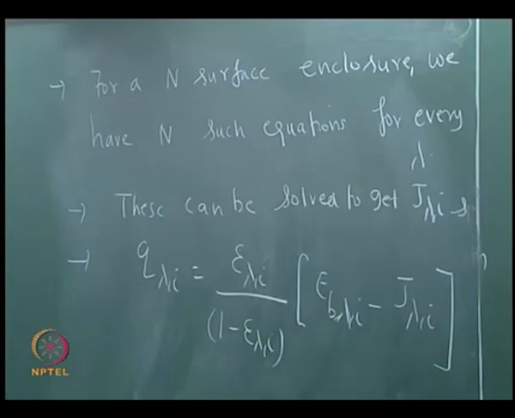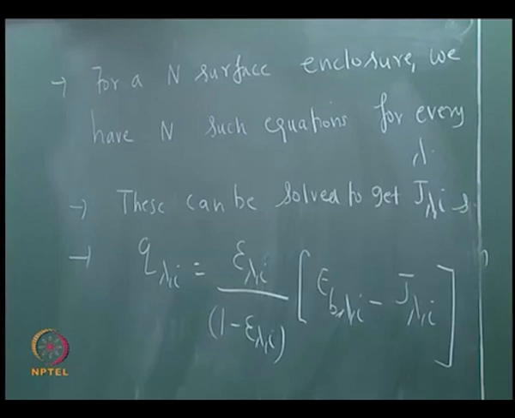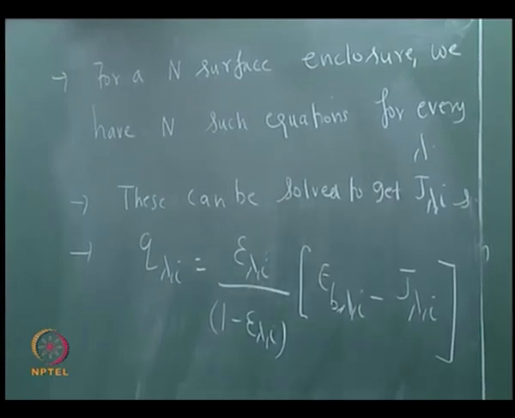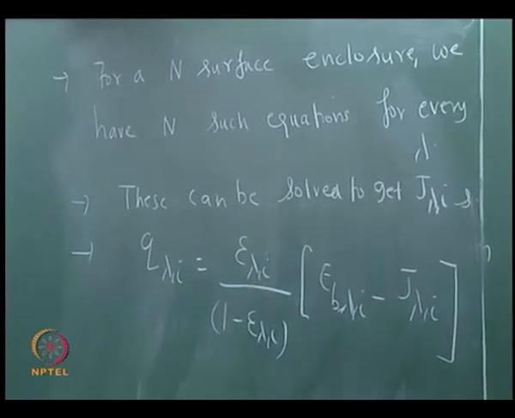So the q lambda i will be epsilon lambda i by 1 minus epsilon lambda i into E b lambda of i minus J lambda i.